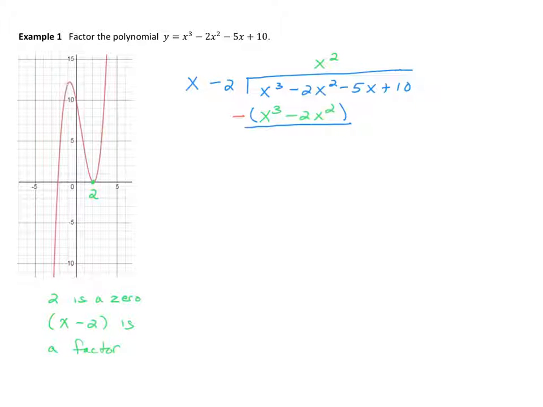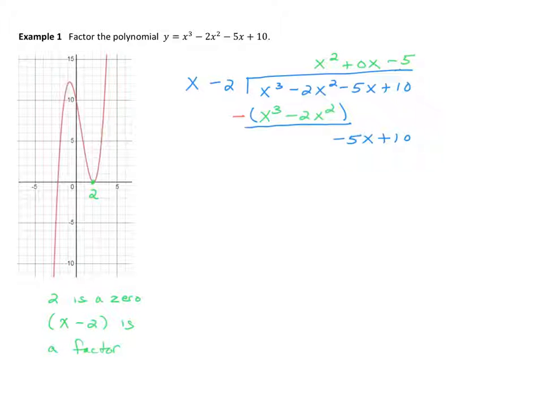And this means I can skip over my next place value. So I'll put plus 0x here and simply bring down the next two terms, which is negative 5x plus 10. My goal is to now try to cancel this negative 5x. I'm going to multiply x minus 2 by negative 5.